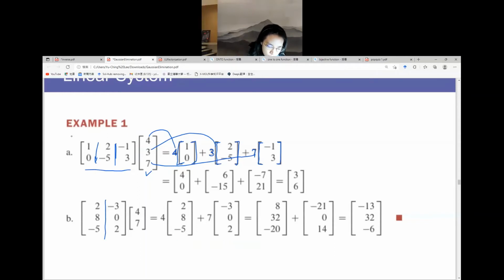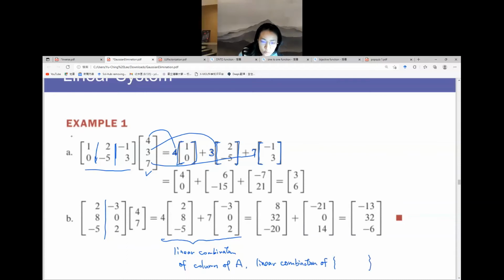So this part is called a linear combination of columns of A, or a linear combination of two vectors, a collection of two vectors.